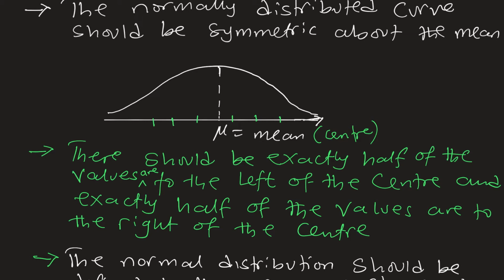And the normal distribution should be defined by the mean and the standard deviation. When you write x follows a normal with mean mu and variance sigma squared, the variance is the square of the standard deviation, or the standard deviation is the positive square root of the variance.